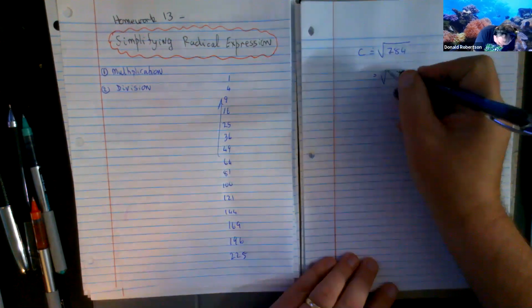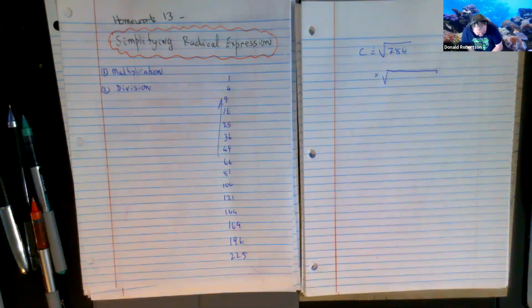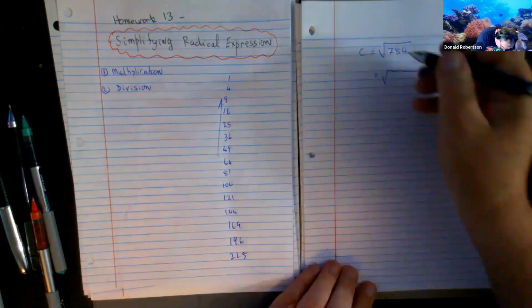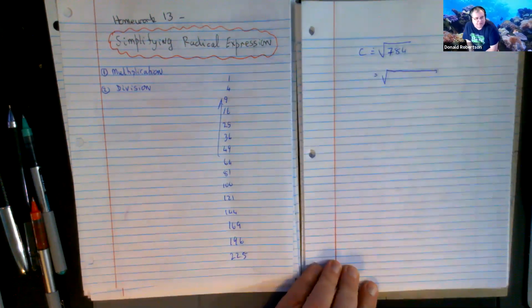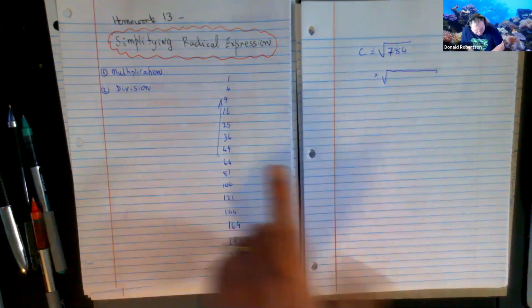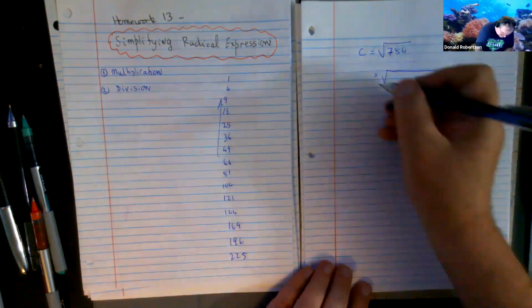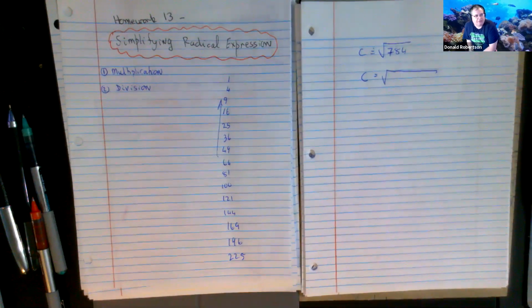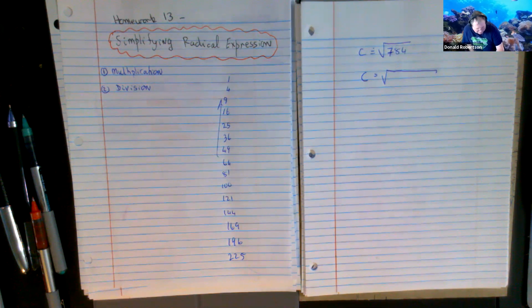I will take any split at all that works. Can you find any way of taking 784 and using one of these numbers times what's left? And anything will do. And I don't care if it's small, medium, or big. Just pick a number that works. And we'll show you how you can slowly but surely get the final answer.